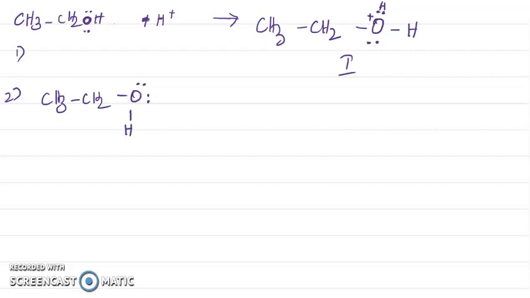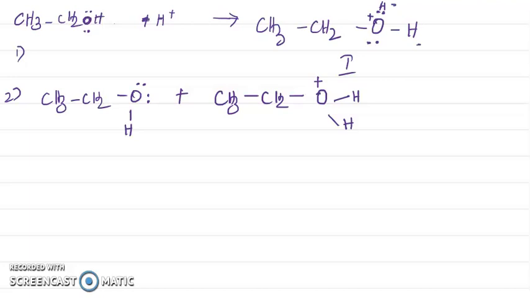So you write plus with the protonated alcohol, CH3CH2, oxygen with a plus sign, attached with two hydrogen atoms.